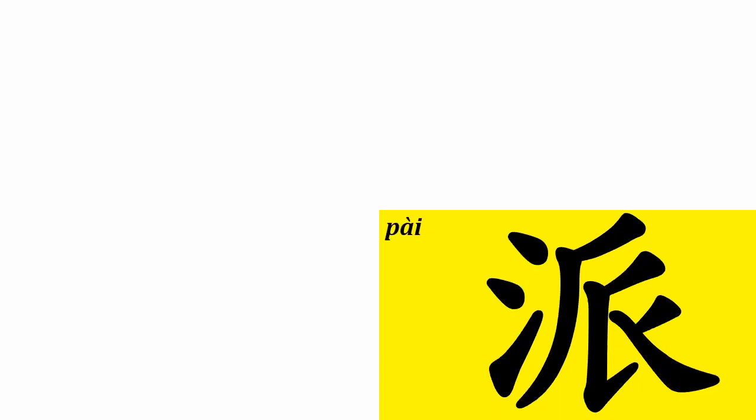Pronounced fourth tone, 派, pai. Unsurprisingly, as a verb it means to assign, dispatch, or send someone off to do something. As a noun, however, it means a splinter group, clique, or faction, the result of a divergence of views.